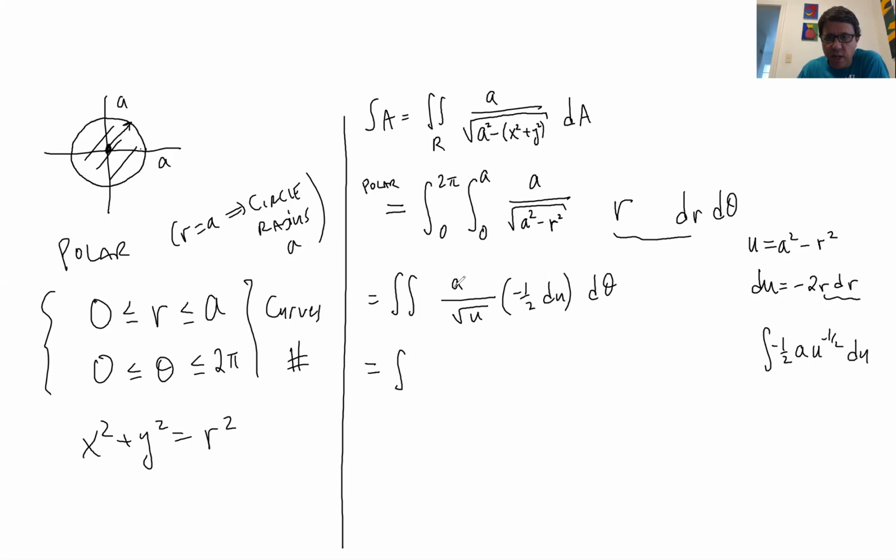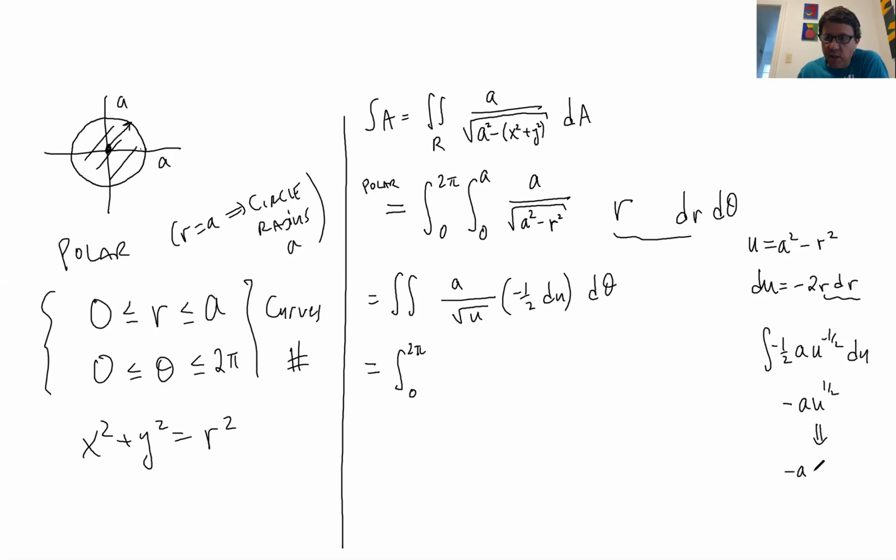So that'll be this inside integral here, just like we're doing in Calc 2. So this will be u to the 1/2 over 1/2. So this will be negative a u to the 1/2. I divide by 1/2, and that cancels my half out. So I just get that. Then I can put these bounds here. I can plug the u back in.